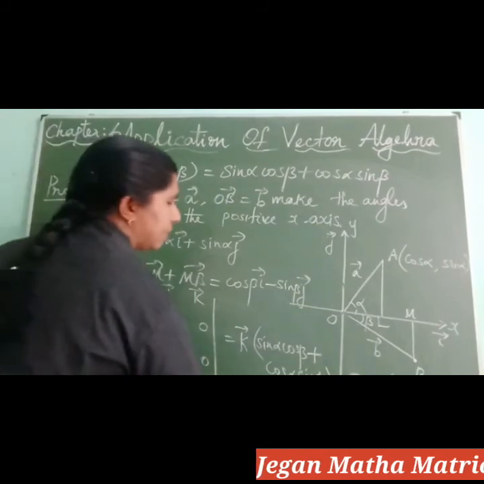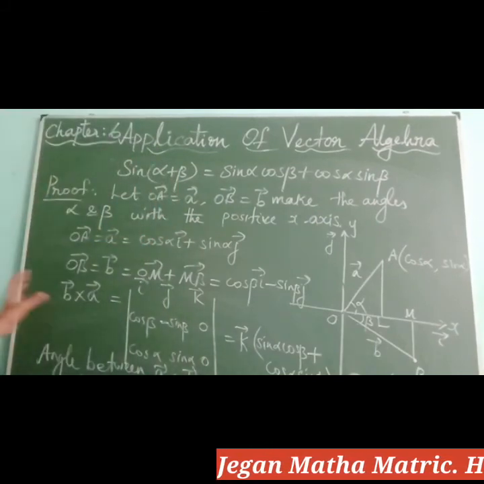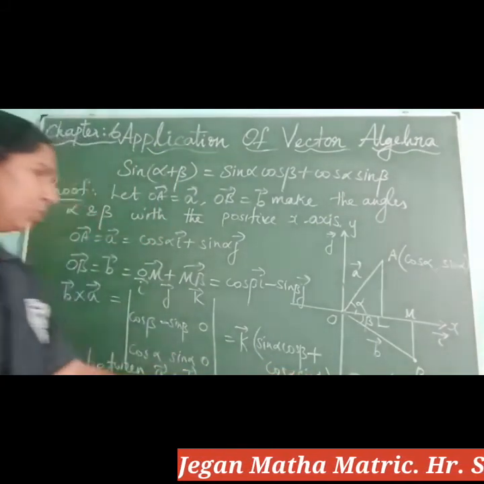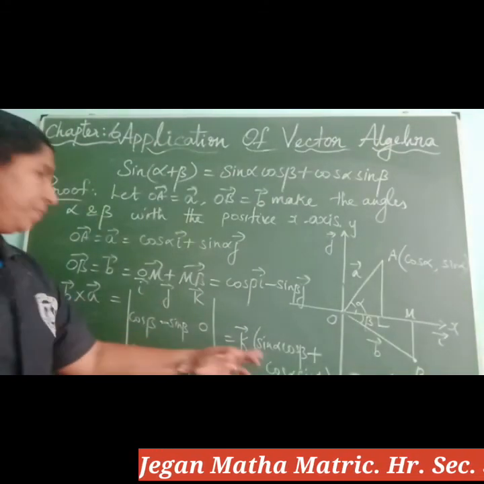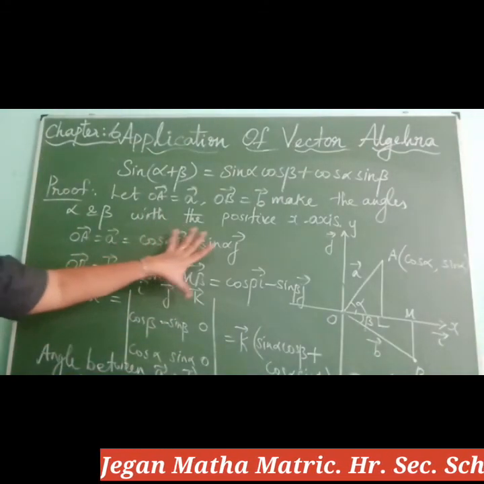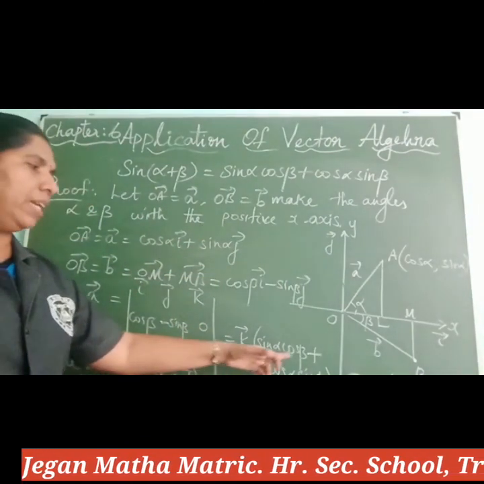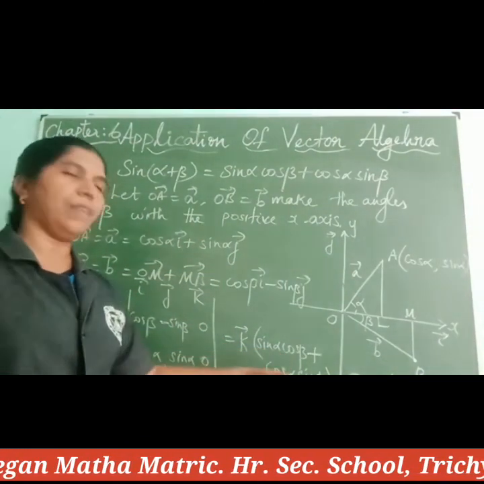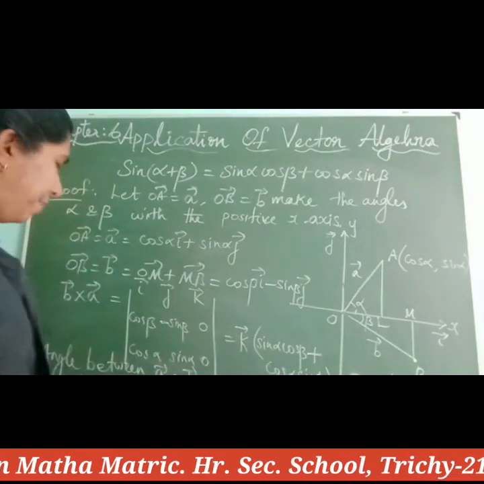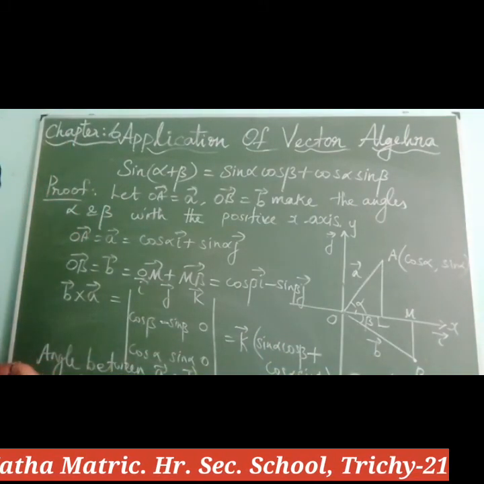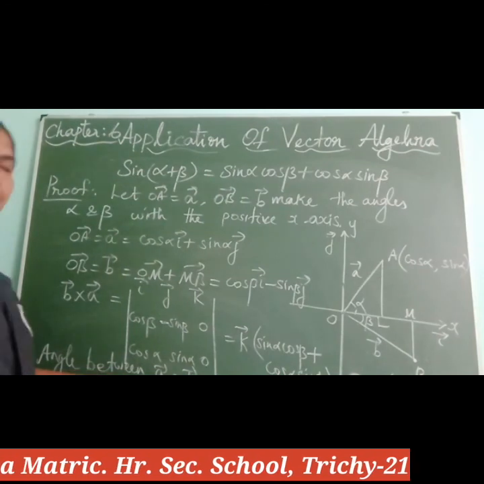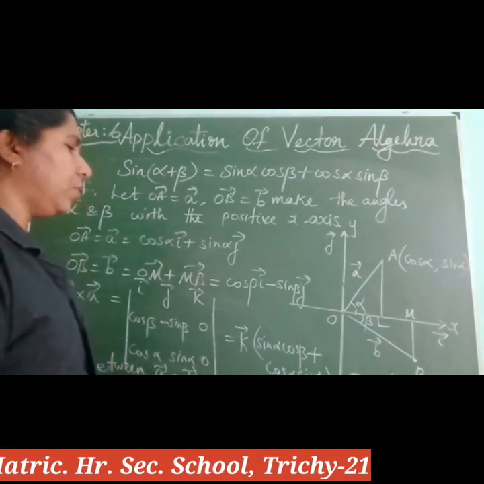This is the second equation. When you combine 1 and 2, this is B cross A. By the value we derived from the figure, we got B cross A equal to k vector into sin alpha cos beta plus cos alpha sin beta. By the definition of the cross product, B cross A is equal to modulus B modulus A sin(alpha plus beta) into k.